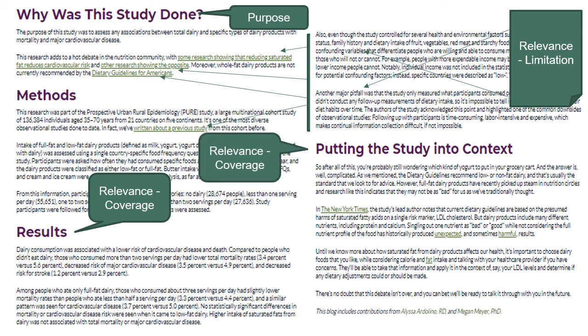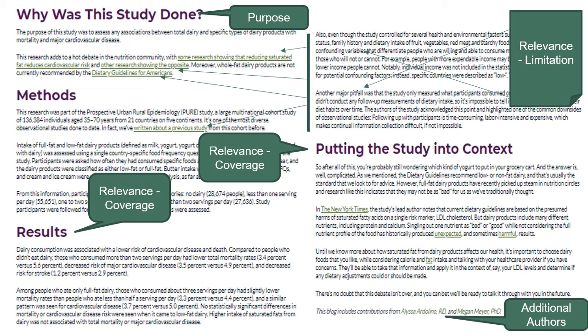And the last one is a conclusion, putting the study into context. So it shows us again the coverage and relevance. And lastly, we can see that this blog includes contributions from two other authors, Elisa Ardolino RD and Megan Meyer PhD.